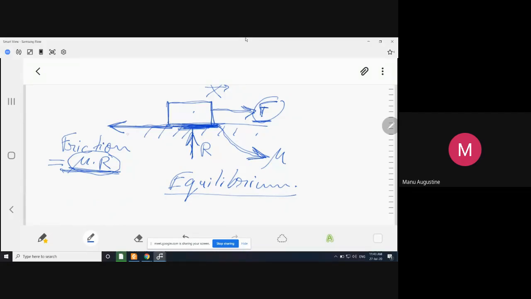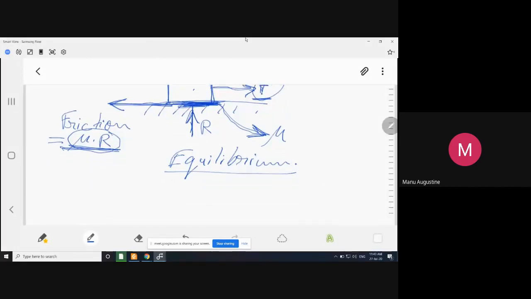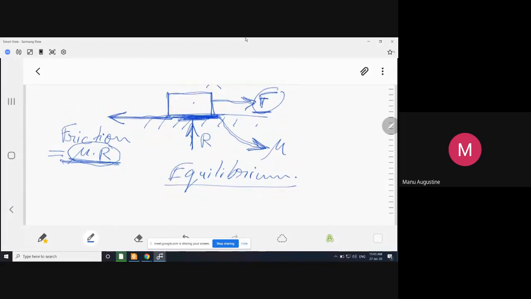Although there is a frictional force in the opposite direction, there is a force F applied by you. आप खींच रहे हो इस block को, लेकिन फिर भी नहीं चल रही है. So that means the block must be in equilibrium. And under the action of multiple forces, if the block is in equilibrium, that must mean that the summation of all forces in the horizontal direction must be equal to 0.